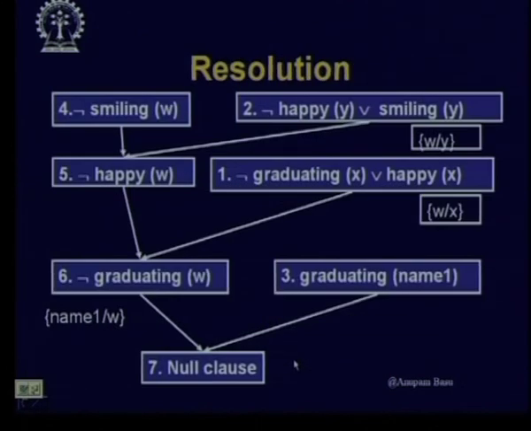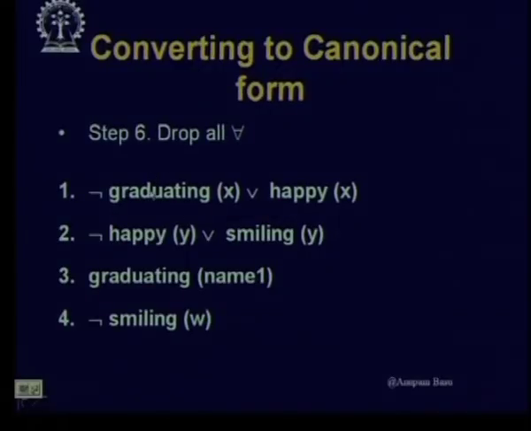So, now we come to the resolution proper, but before that, those steps 7 and 8 are not so important here, because by step 6 we have already got them in the clausal form.